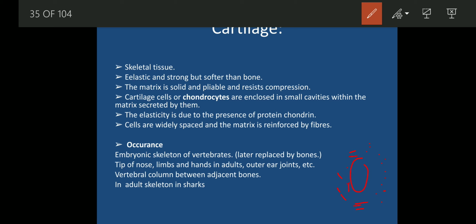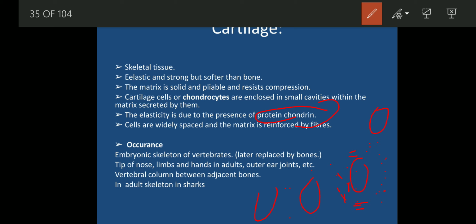They have high elasticity due to the presence of the protein chondrin. This elasticity is attributed to the protein chondrin present within them. Cells are widely spaced, and the matrix is reinforced by fibers. The cells have a lot of space between them, which contains the intercellular matrix, and this matrix also has fibers.